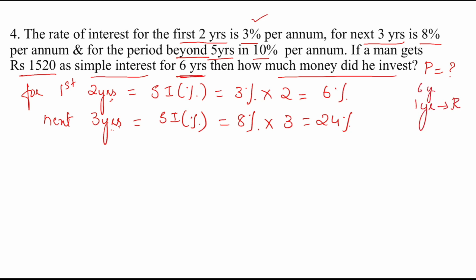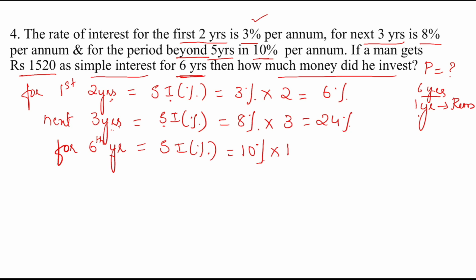For the 6th year, SI percent is 10%, because after 5 years it is 10%, and for 1 year, so it is 10 into 1, 10%.